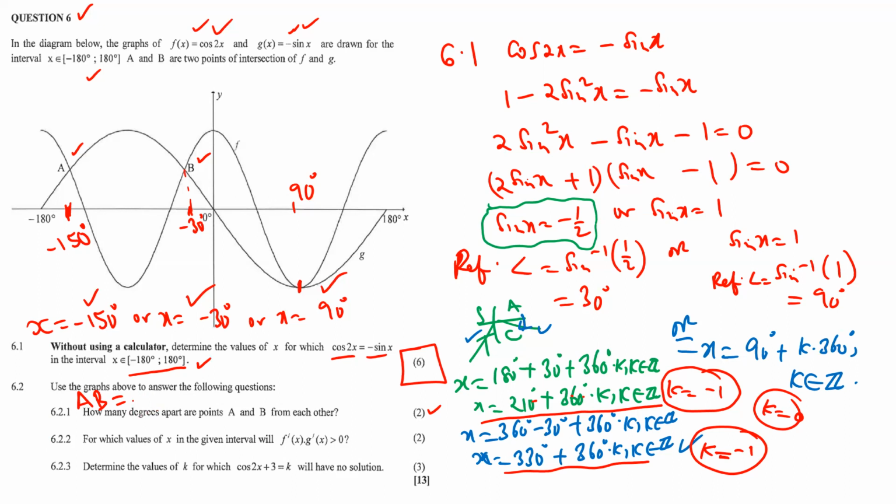So you can just say minus 30 degrees minus minus 150 degrees. And this is 120 degrees. So the points A and B are 120 degrees apart from each other.